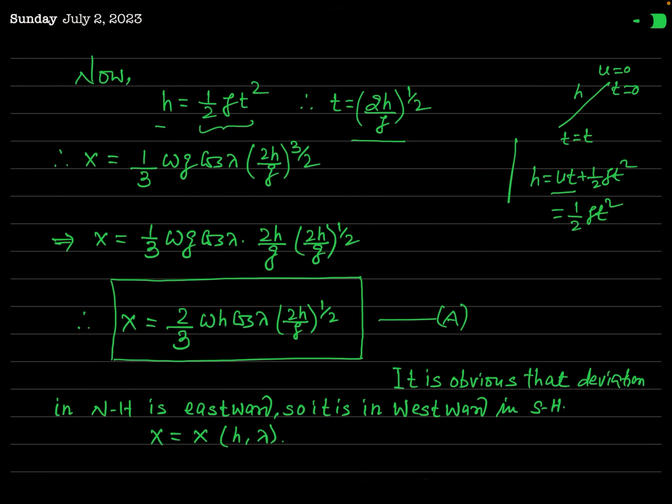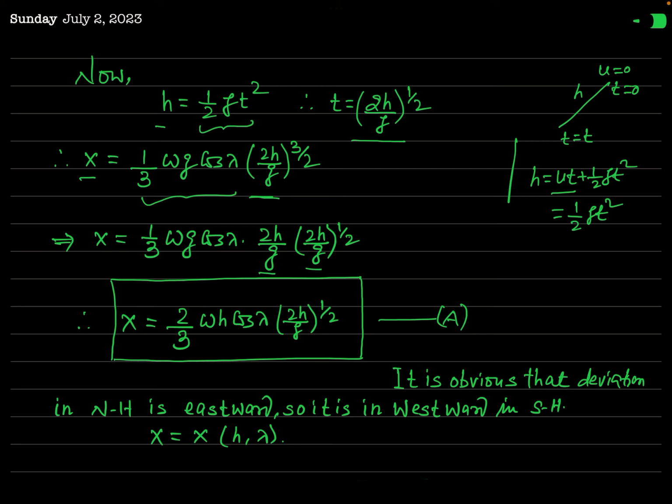So in our expression we will replace t by (2h over g) to the power half. The expression for x in terms of h becomes 1 by 3 omega g cos lambda times (2h over g) to the power 3 by 2. Now this (2h over g) to the power 3 by 2 can be written as 2h over g times (2h over g) to the power 1 by 2.